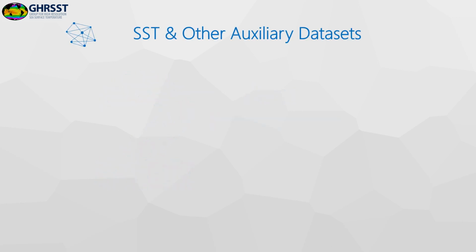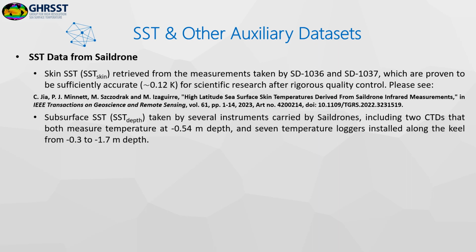For the SST and other auxiliary datasets, firstly, we use the SST data from Saildrone. The skin SST is derived from data from two hydronics infrared pyrometers installed on the foredeck as a pair, one viewing the sea surface and the other directed towards the sky.